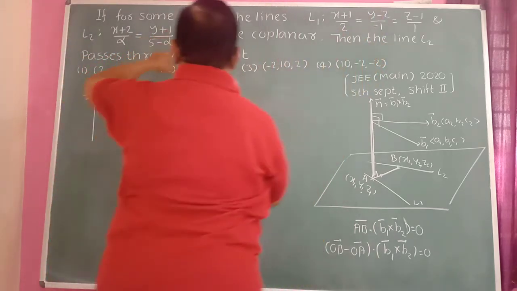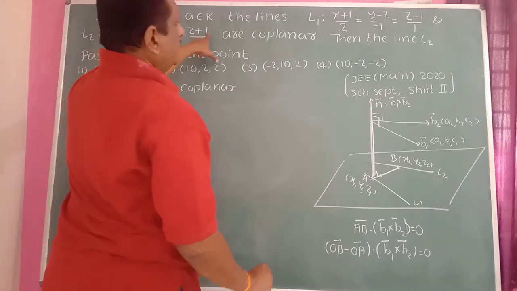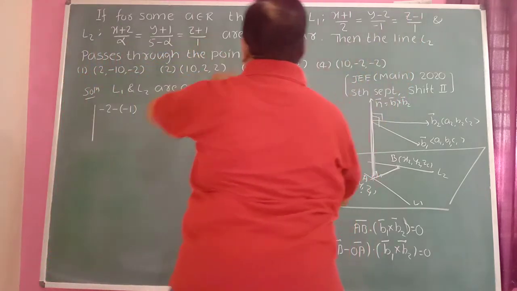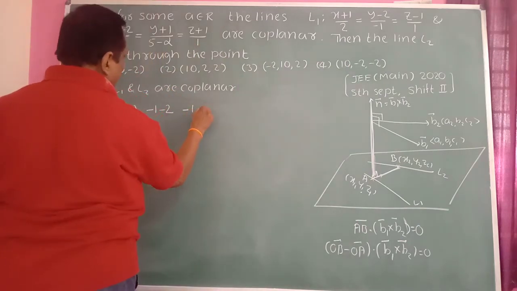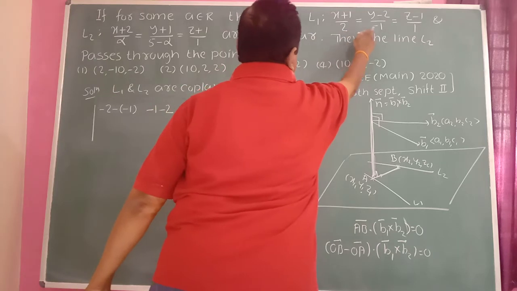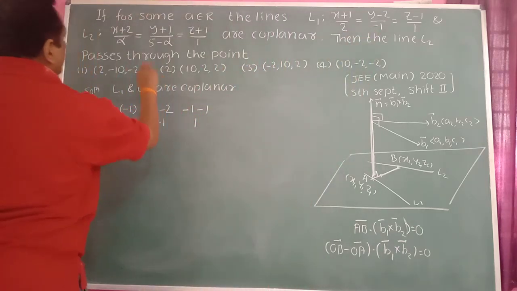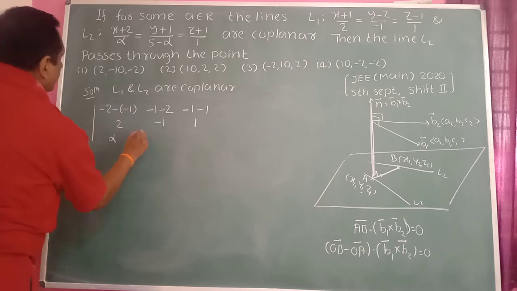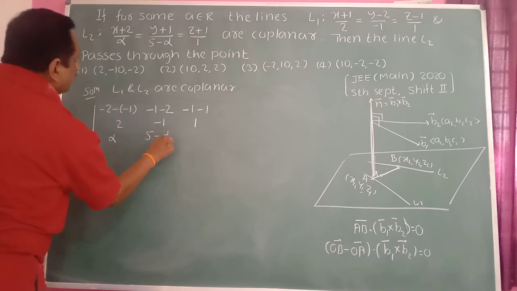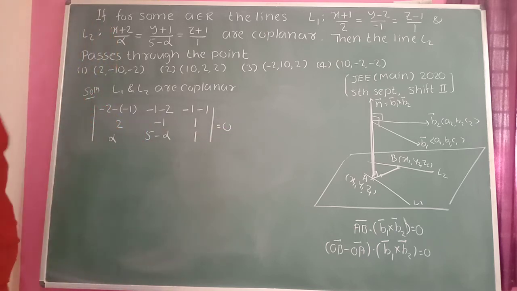Minus 1 minus 2, then minus 1 is minus 1 here. So minus 1, minus 1. Then the denominator terms 2, minus 1, 1 for alpha, 5 minus alpha and 1 is equal to 0.